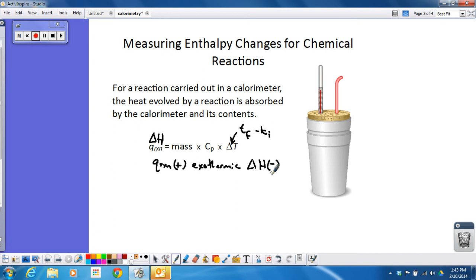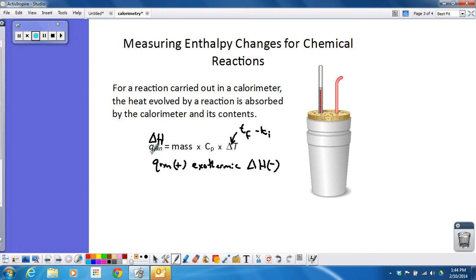So when we use Q equals mass times Cp times delta T, you have to realize that Q and delta H have the same magnitude but opposite signs because Q is measuring the surroundings, because the thermometer is part of the surroundings. Delta H is associated with the system. It's associated with the actual chemicals that are reacting. So as long as you keep that in mind, you can use this equation to calculate delta H.